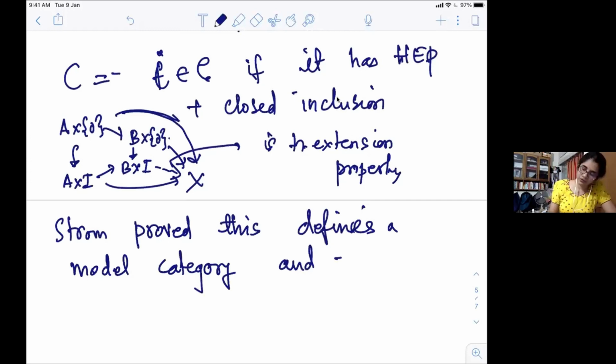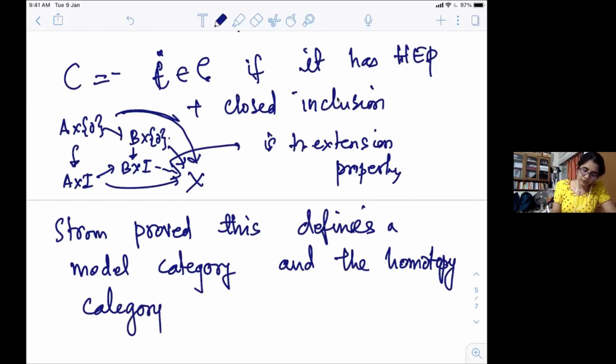And this, the homotopy category, matches with what we wanted before. So the homotopy category is equivalent to what we called the naive homotopy category earlier, that it's exactly the category in which all the homotopy equivalences are inverted. All right.